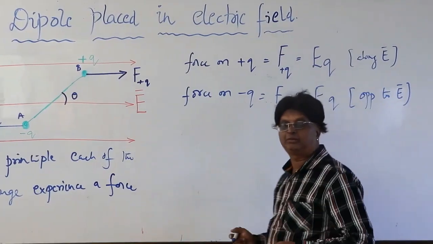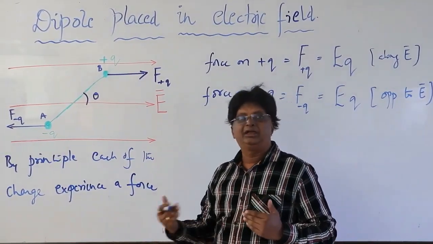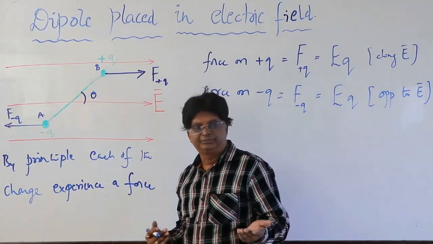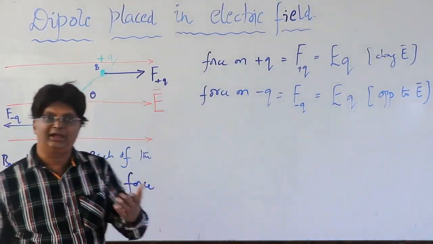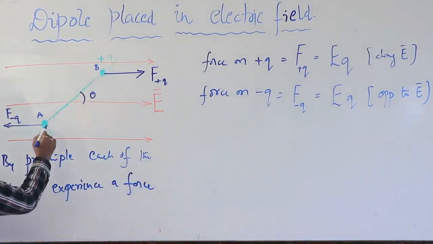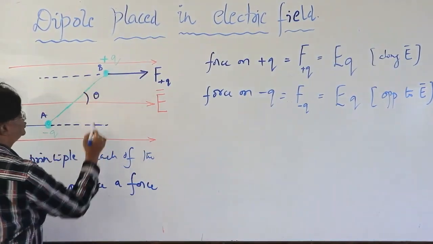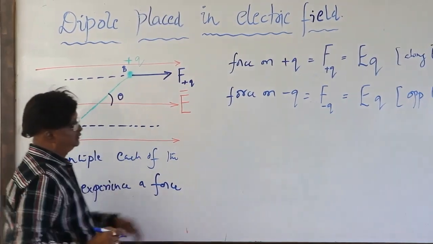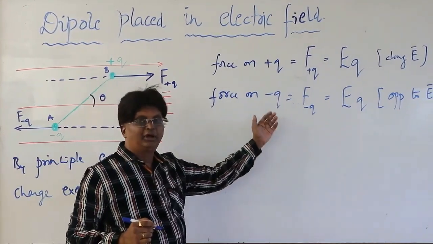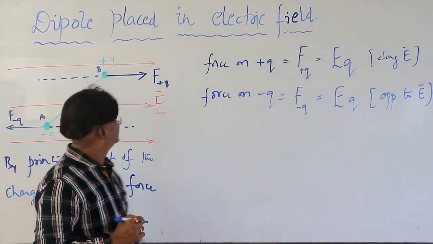Come to our figure one more time. What is meant by line of action? Yes, the direction in which force exerts, that is what is called a line of action. In this figure, this is the line of action, and this is the line of action for the two. They are equal, opposite, along different lines of action.